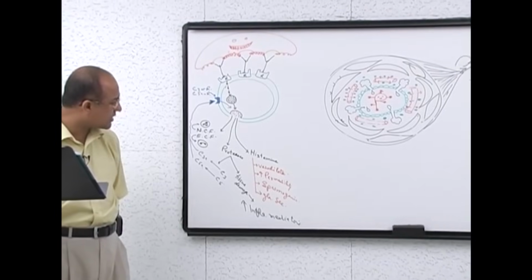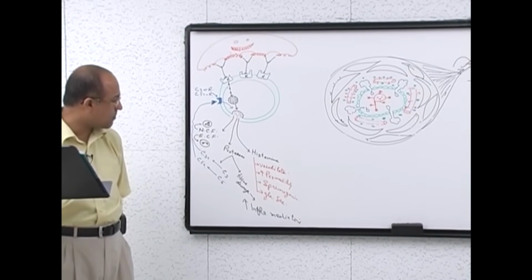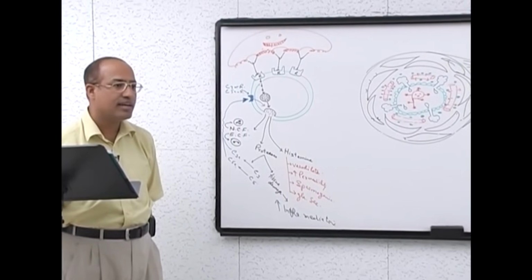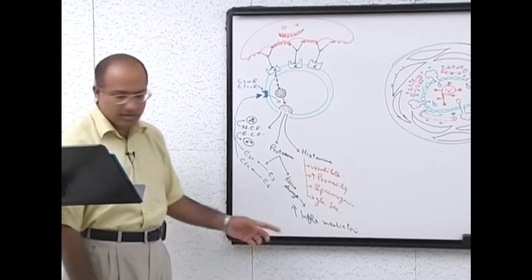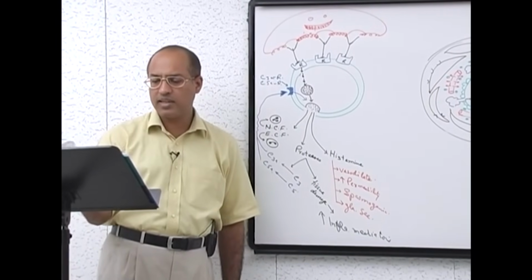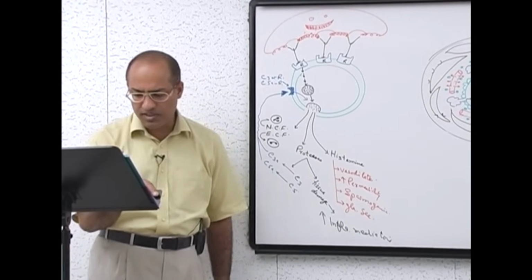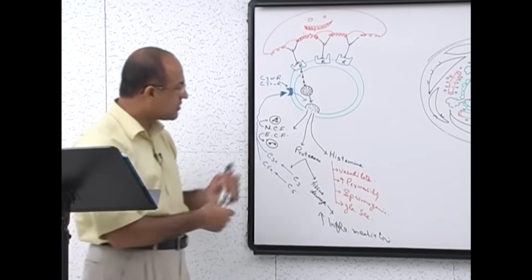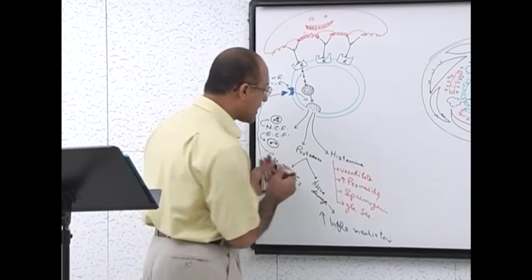This reaction, which is occurring so fast and rapidly, is called the initial phase reaction. What is this? Initial phase reaction. And these preformed substances which are released by the granules, as a group are called primary mediators.